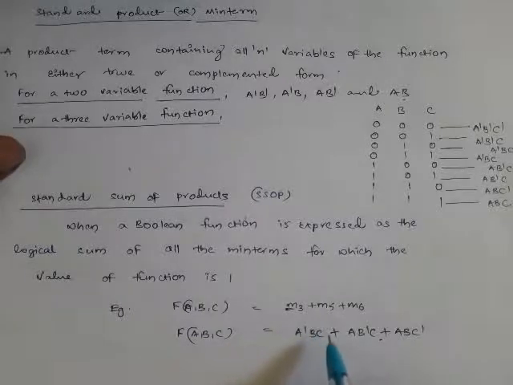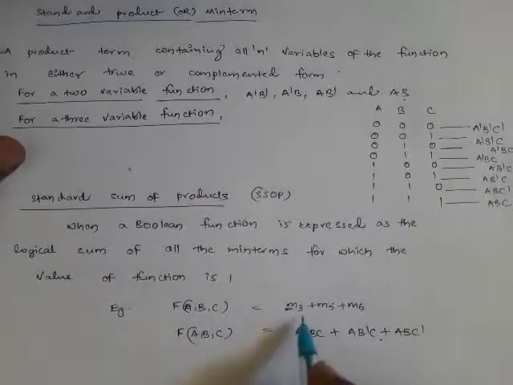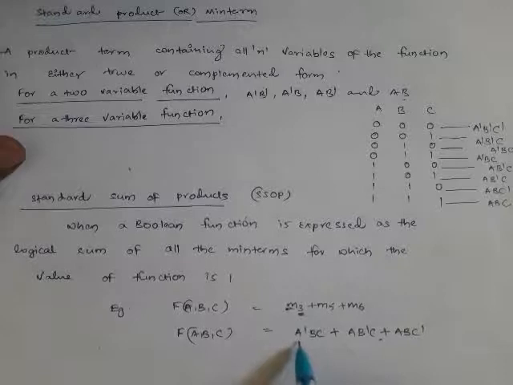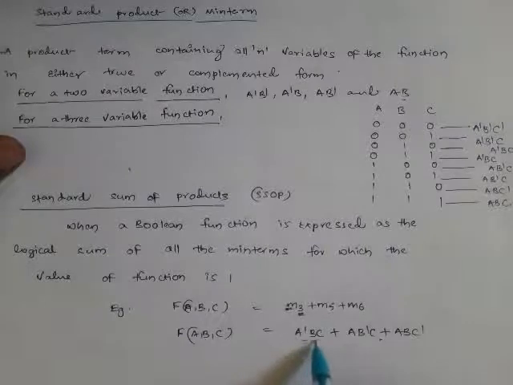So then to differentiate between the minterms, I will use a subscript for a particular minterm, which is the decimal equivalent of the binary value of the minterm.